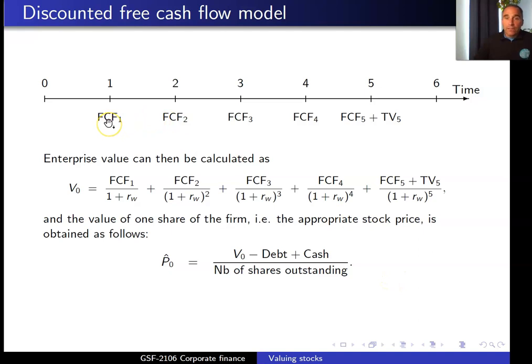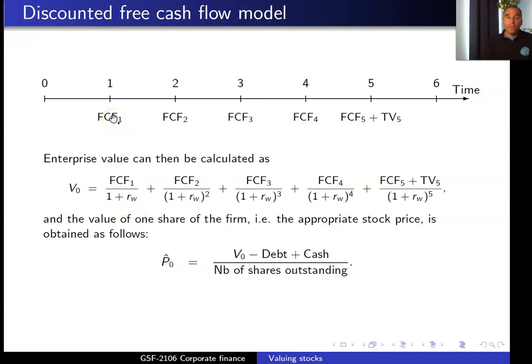So that gives us 5 numbers. Free cash flow at time 1, free cash flow at time 2, free cash flow at time 3, free cash flow at time 4, free cash flow at time 5 plus terminal value at time 5. So we discount all these values over the appropriate number of years at the weighted average cost of capital.